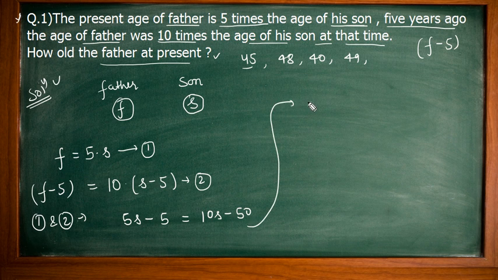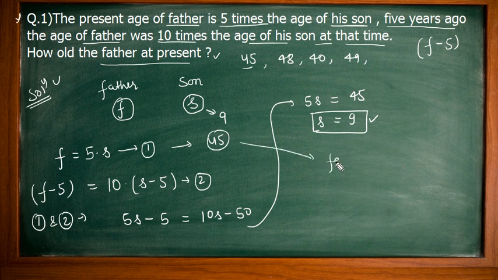Here we go. 5s equals 45. Solving these two sides, you will get 5s equal to 45 and s will equal 9. If you put it here, F equals 5 into s, so 5 into 9 gives you 45. So father will be 45.